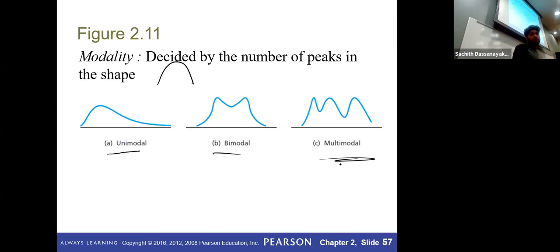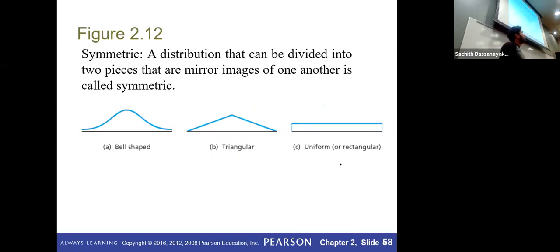Then we have shapes based on their symmetric behavior. If you imagine mirror images, cut the first one here. You will see the left-hand side part and the right-hand side part are like mirror images.